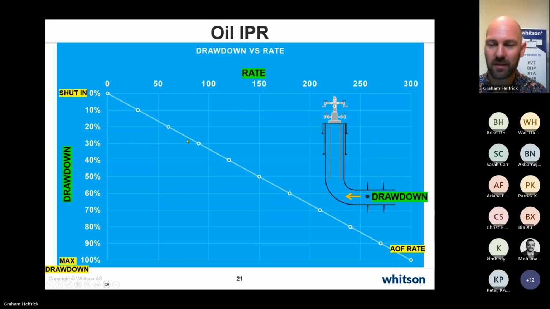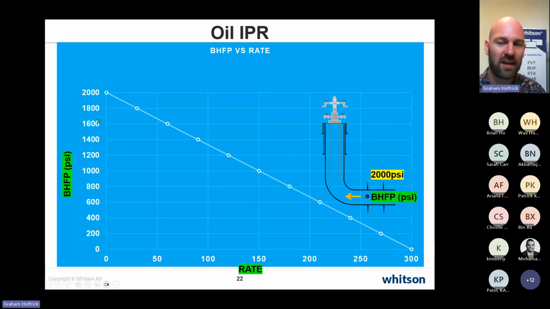The reason we care about this is, what happens if we add a pump or add gas lift? The result is ultimately to lower the bottom hole flowing pressure, and we want to predict in advance what the rate response will be if we do that. So instead of plotting drawdown, the more typical thing is to plot the bottom hole flowing pressure on the y-axis.